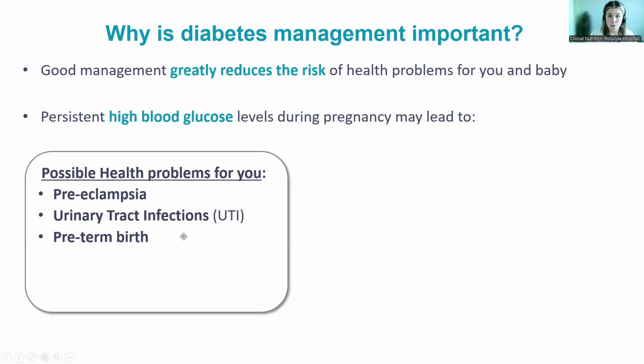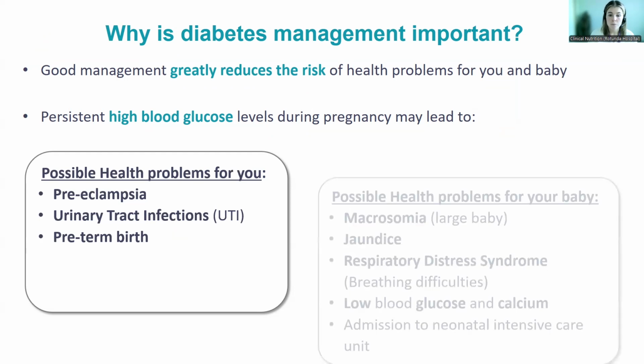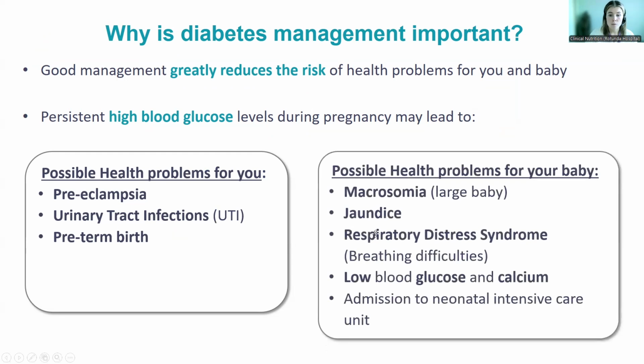Or if mum has high blood glucose levels during pregnancy, the health problems that could pose for baby would be macrosomia, a large baby at birth, jaundice, breathing difficulties, low blood glucose levels and low blood calcium levels when baby is born. Any of these health problems may mean that baby might need to go to the neonatal unit whenever they are born.